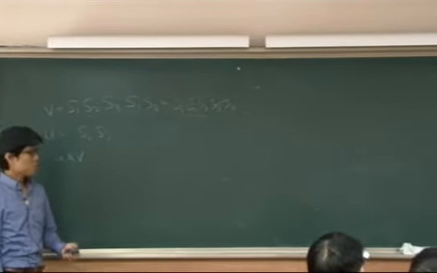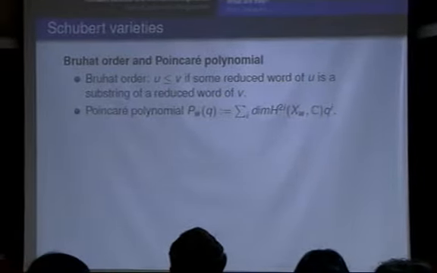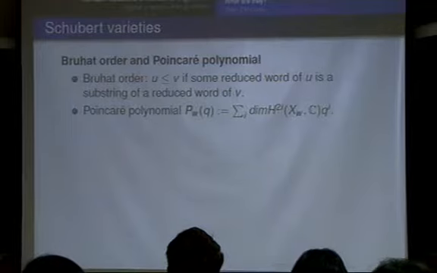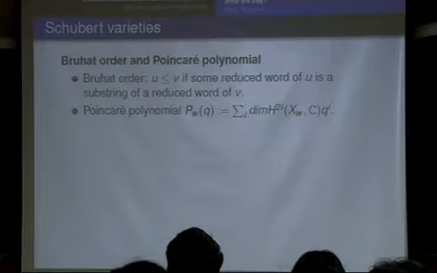And the Poincare polynomial of a Schubert variety is, by definition, a generating polynomial of the dimension of the cohomology. But by convention, we just look at even degree cohomology because all odd degree cohomology vanishes for Schubert varieties.